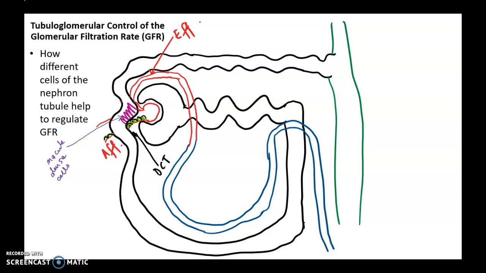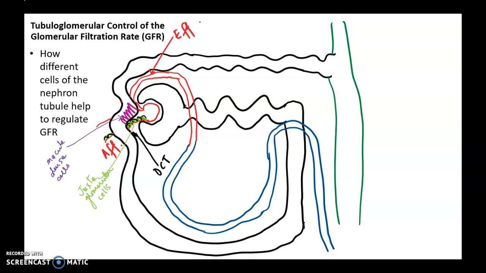And there I have drawn out some green cells, if you can notice. These green cells are called juxtaglomerular cells.